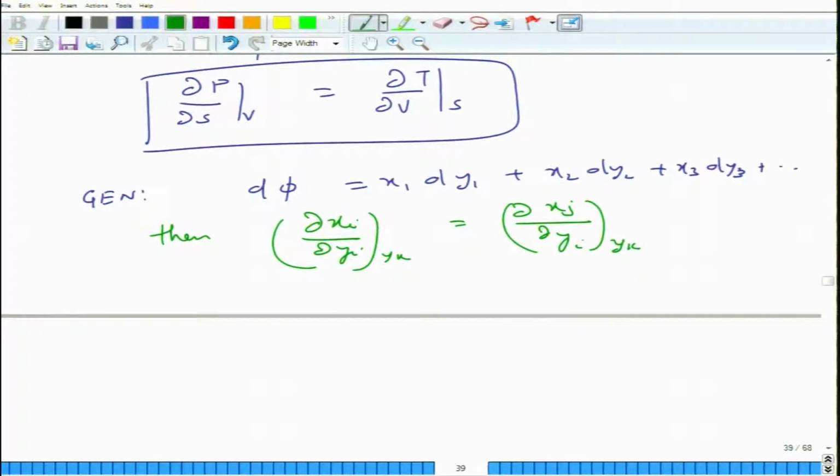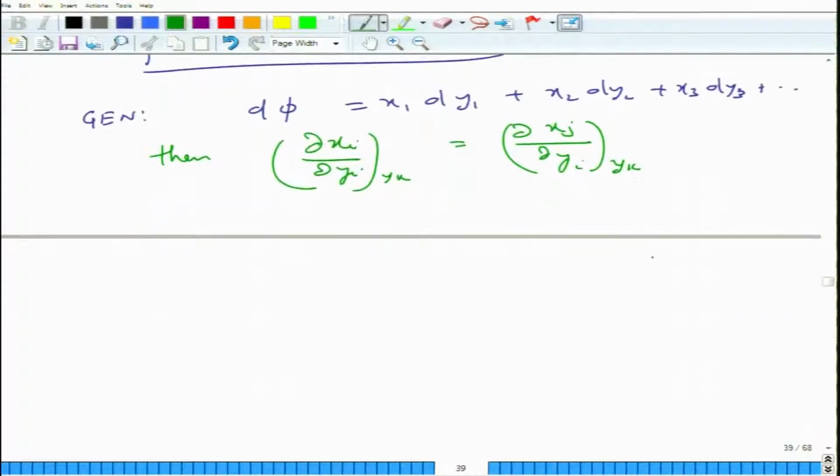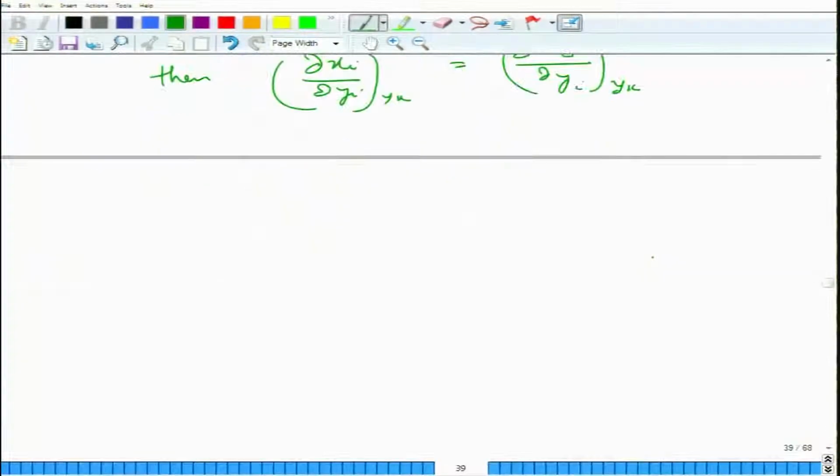Now, you can look at this from this perspective. I am going to write the fundamental equation: du is equal to T ds minus p dv plus mu dn, with mu i dni.